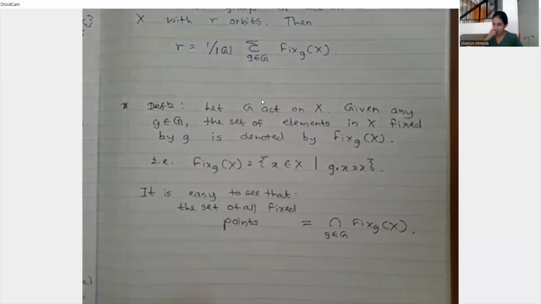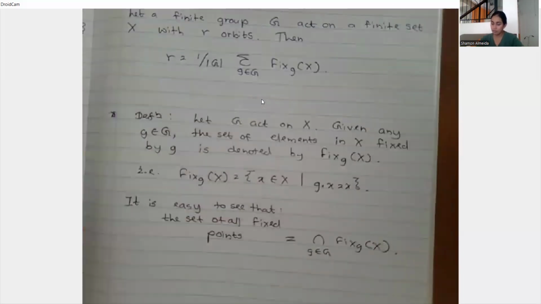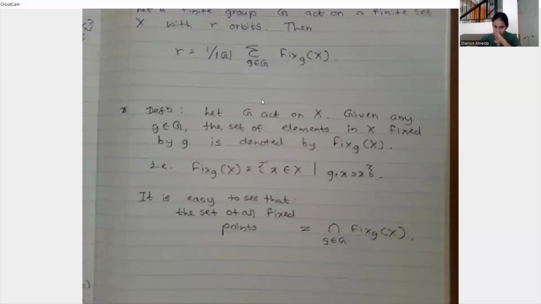Now going back to this lemma, where G is a finite group acting on a finite set X with R number of orbits, we see that R is equal to 1 over the order of G times this summation.